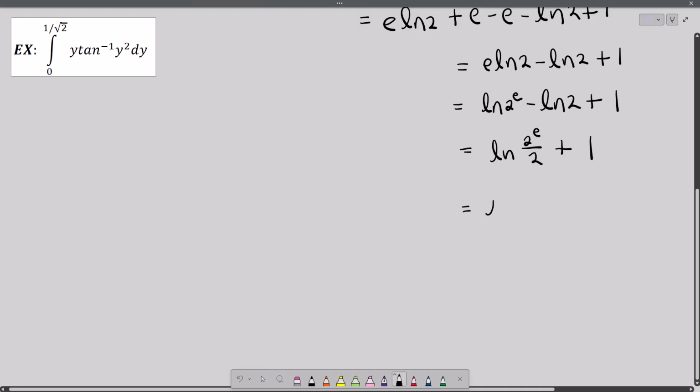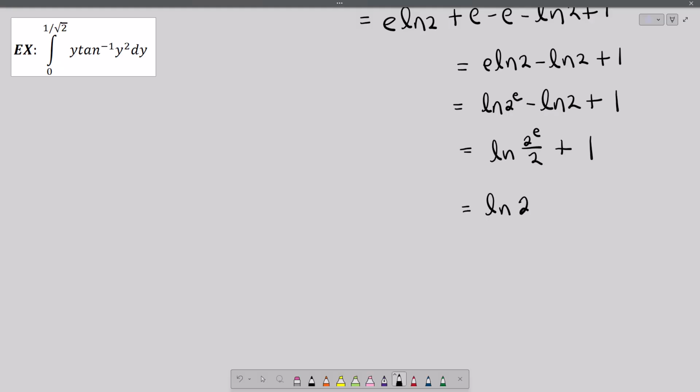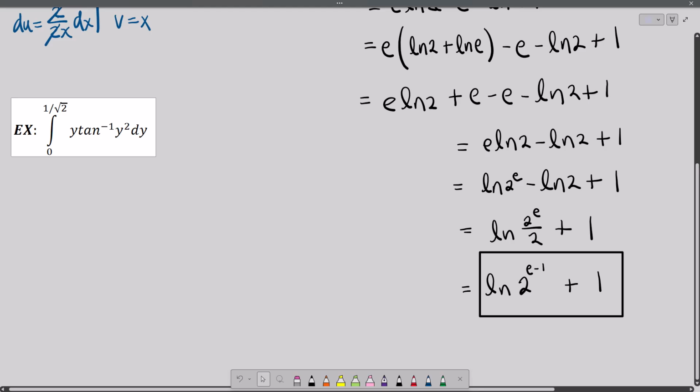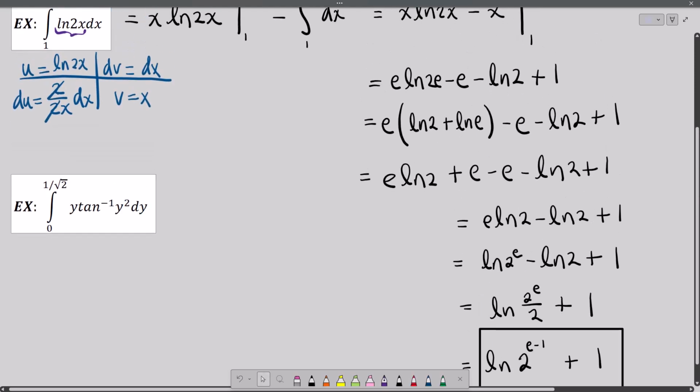That's natural log of 2 to the e minus 1 plus 1. So, I mean, it gets to the point. So this would be, probably for the real sticklers on the simplest possible answer, would probably be that. But this answer right here is completely sufficient for us right here.